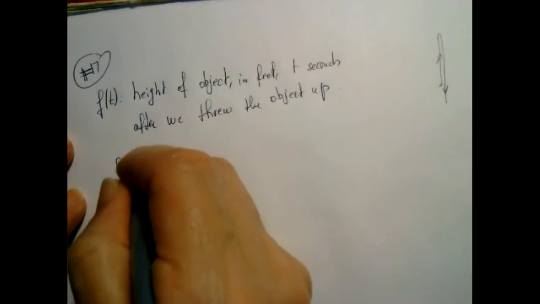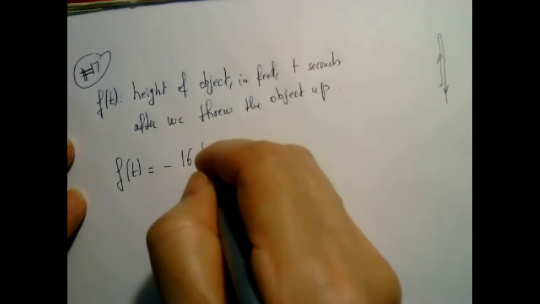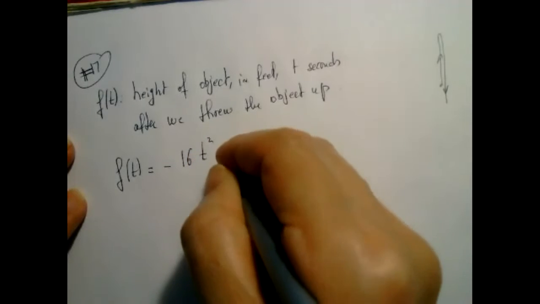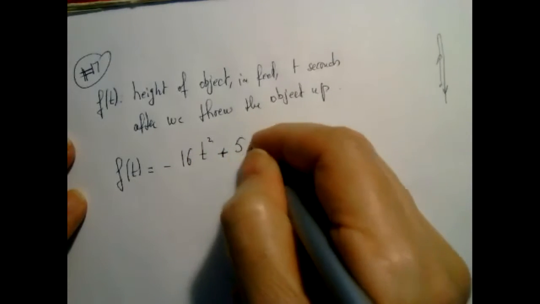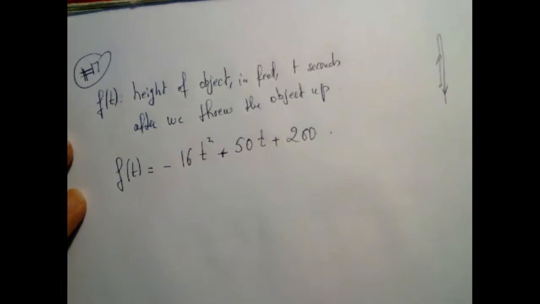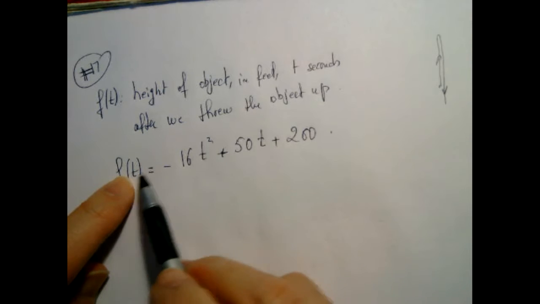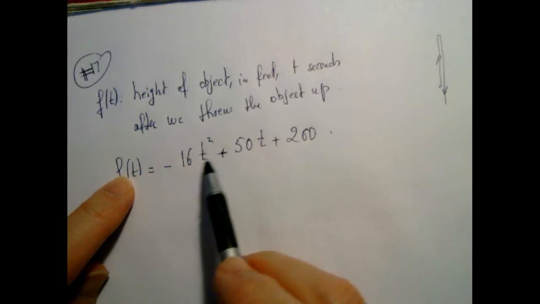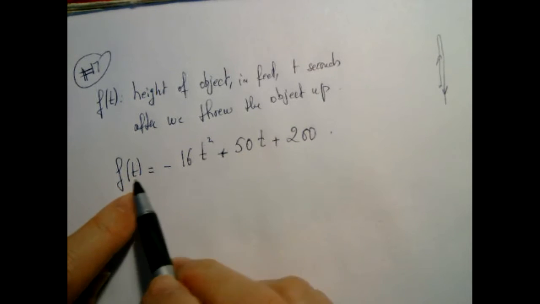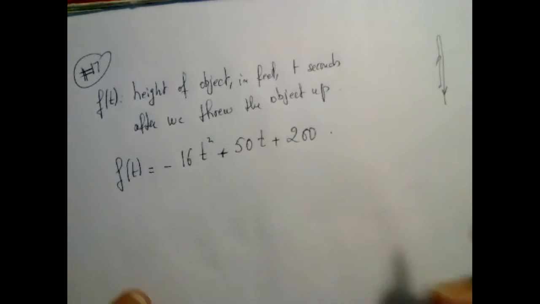And the formula for the height is given by, I follow the book, minus 16t squared plus 50t plus 200. Okay. So, for example, f of 1, if I plug in 1 in here, it gives me the height after 1 second. f of 2 will give me the height after 2 seconds, and so on and so forth.